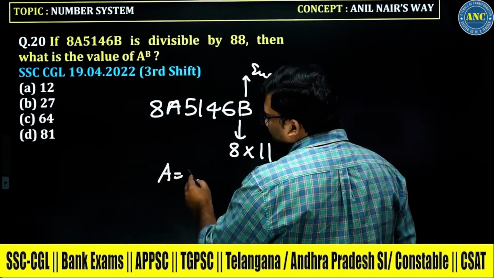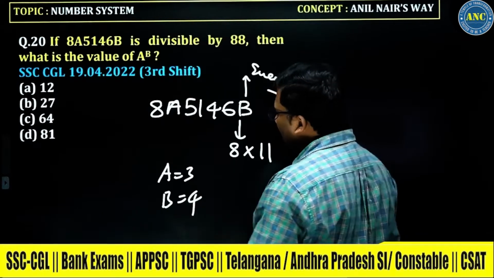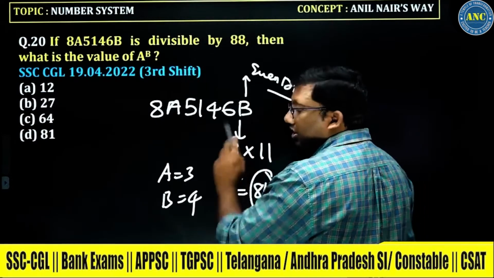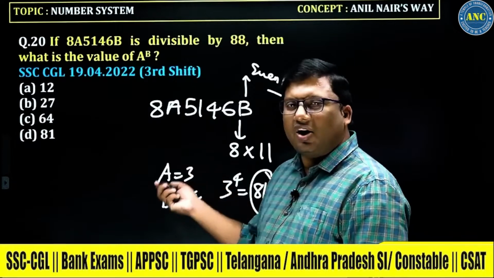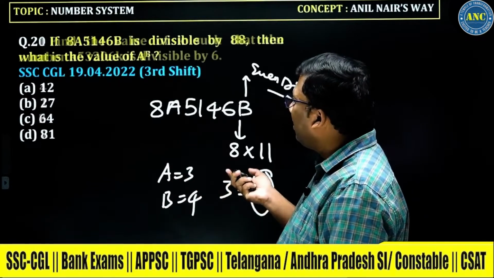A we got as 3, B we got as 4. So the question is A power B. 3 power 4 is 81. I hope the idea is clear. Already from the same equation we found the values of A and B.